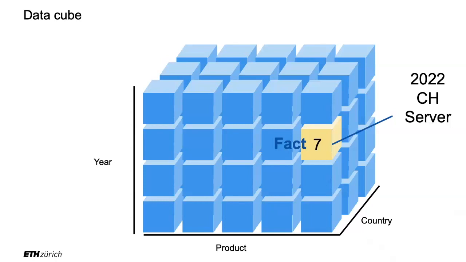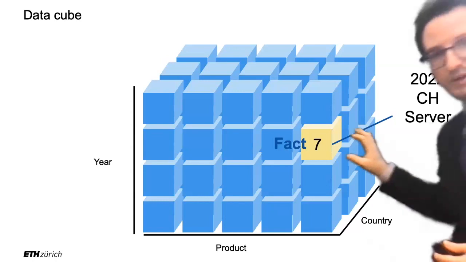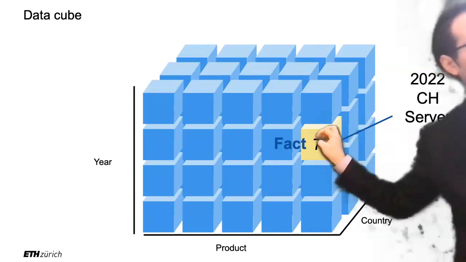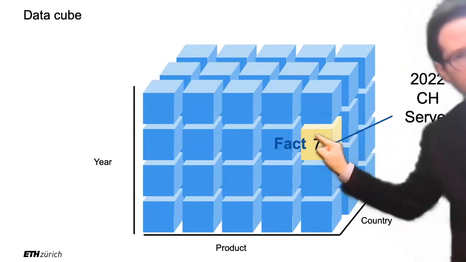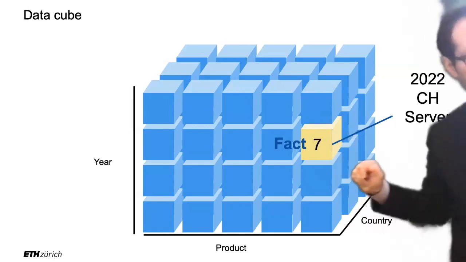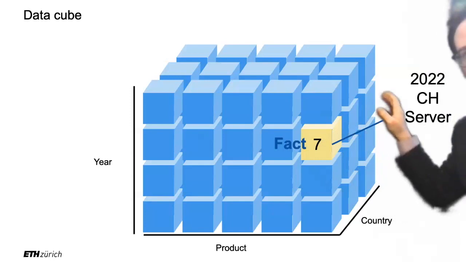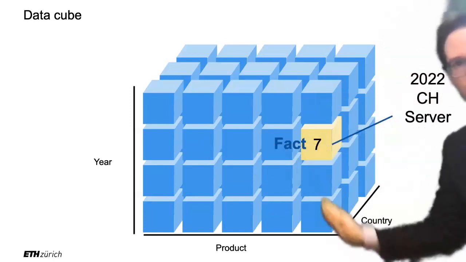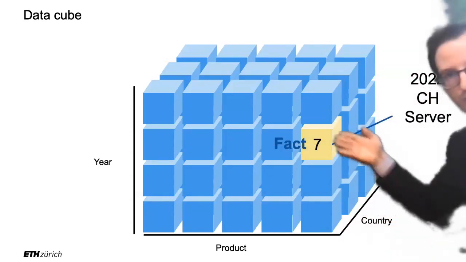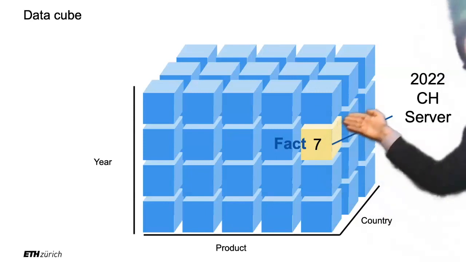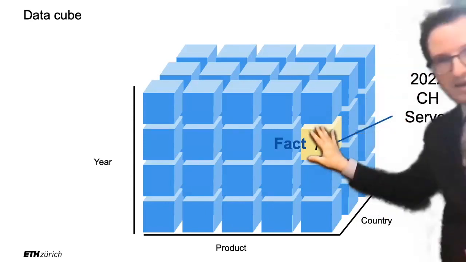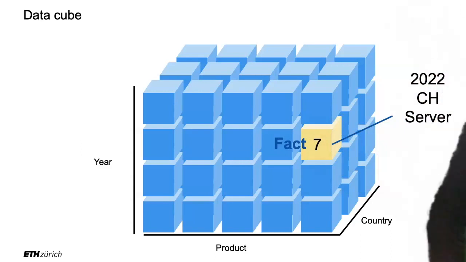What's going to happen is that if I take a specific year, a specific product, and a specific country, that gives me the coordinates of a specific little cube right there. And in that cube, there is a value 7 in that example. And imagine that the year of that layer is 2022. The product here is the servers, and the country here is Switzerland. Maybe this is Austria and Germany, right? So 7 servers sold in Switzerland in 2022.